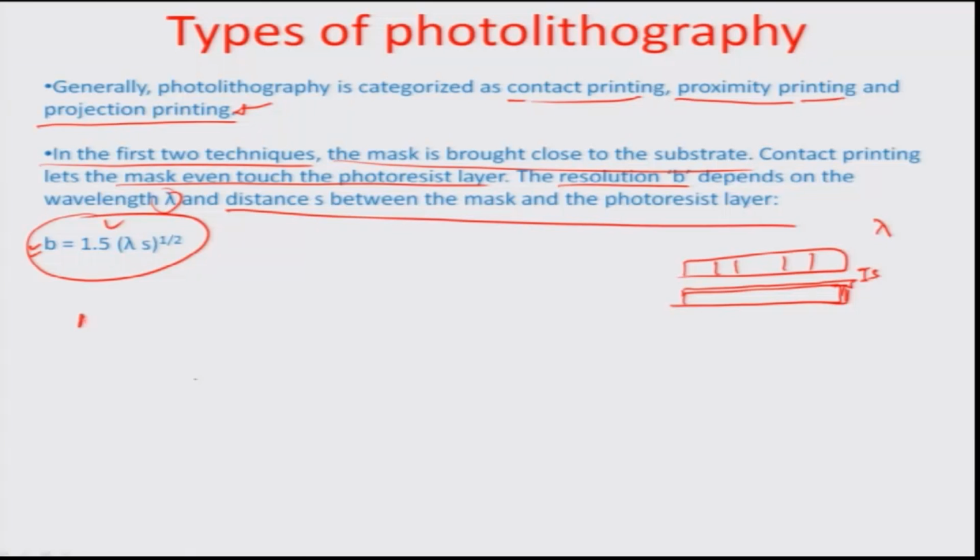So let's have a practical example problem. A resist layer at the bottom of a 5 microns deep channel and a 20 micrometer deep channel is to be patterned.